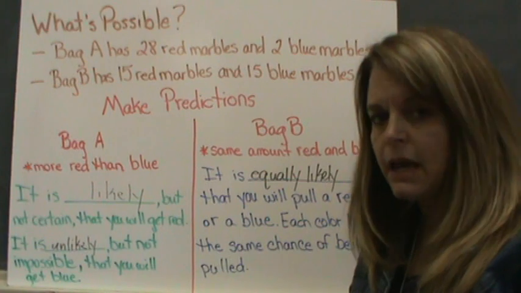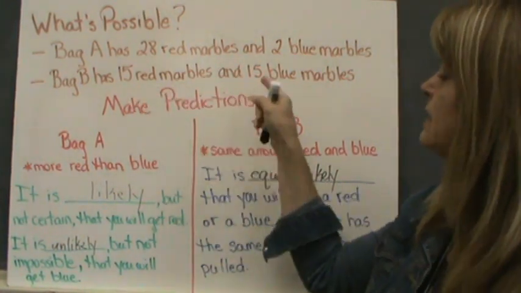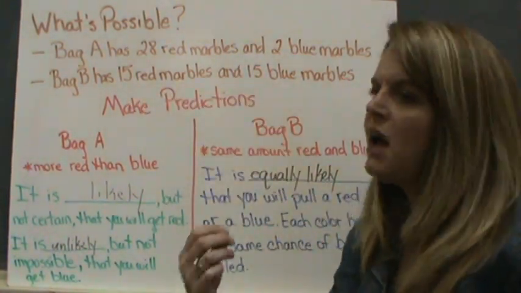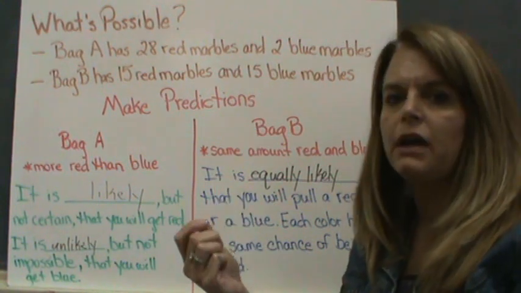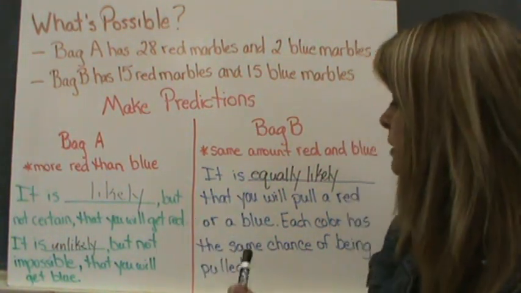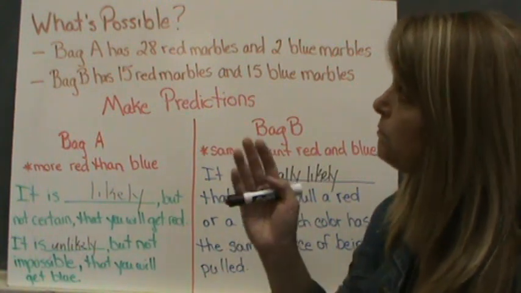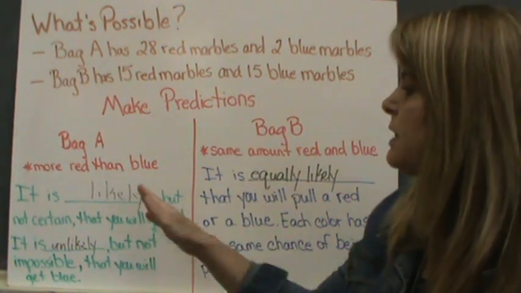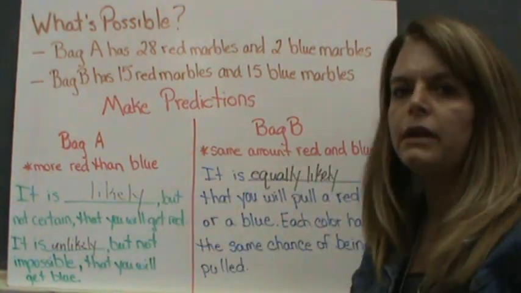My chances are the same. There's the same amount of red, the same amount of blue. I'll reach in. I have a 50-50 chance I'll get a red. I have a 50-50 chance I'll get a blue. So for now, we're going to make our predictions using the terms likely, unlikely, and equally likely.